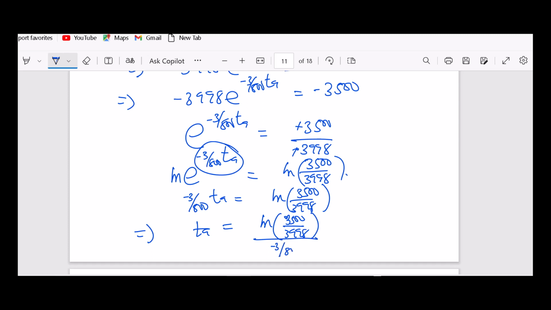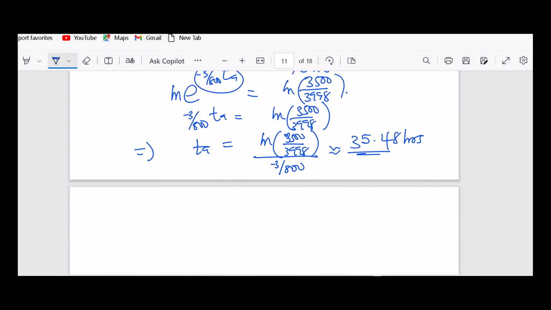3 over 800. And so this becomes 35.48 hours. So at 35.48 hours, we have 500 ounces.